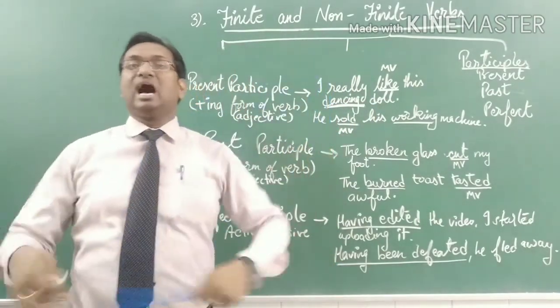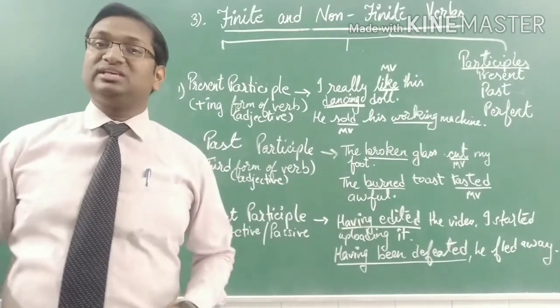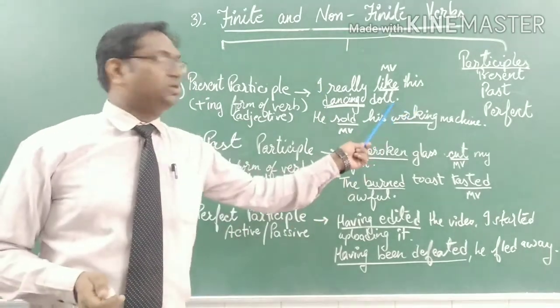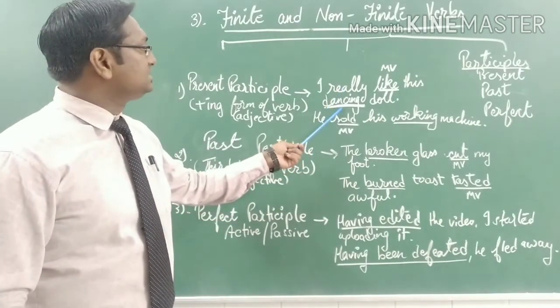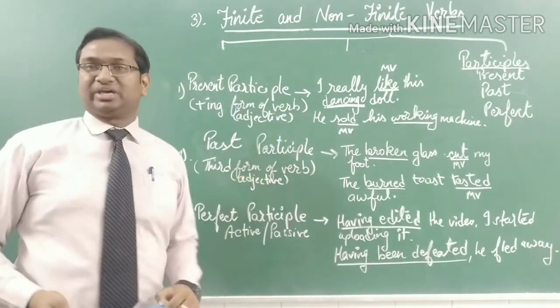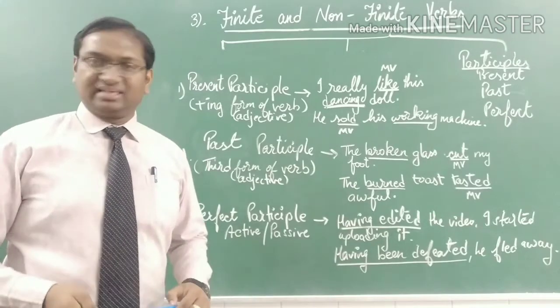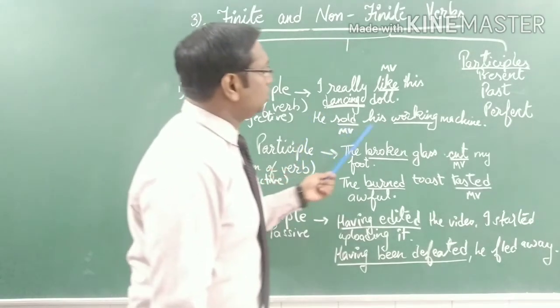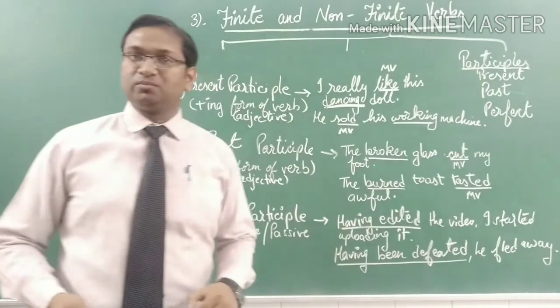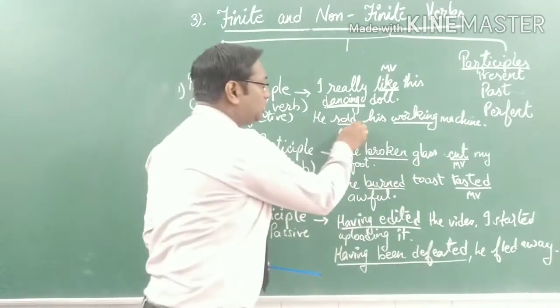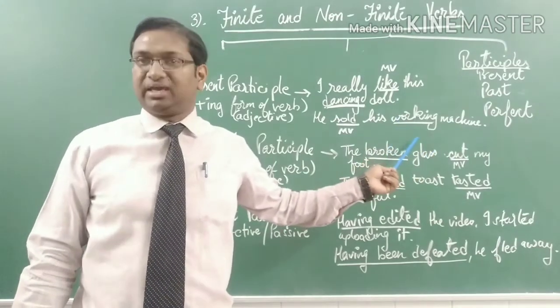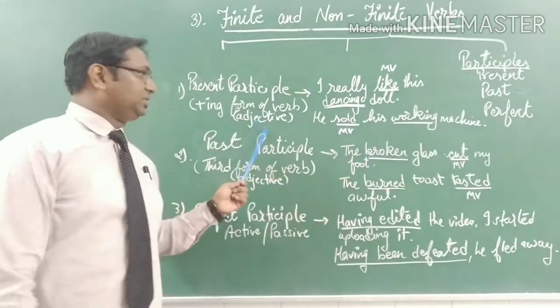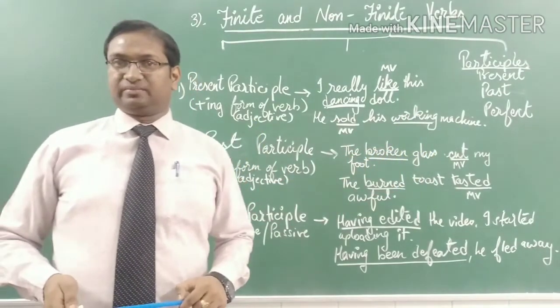This word dancing shows the quality of the doll. That is why over here dancing is your adjective. Next example, he sold his working machine. Now over here sold is your main verb and the quality of machine is working. So working will be your adjective.